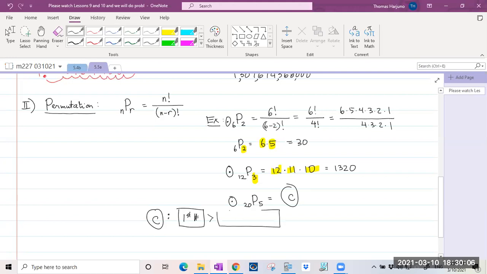You get the nPr by going to Math, in the same category as that exclamation mark: Math, PRB, nPr. Then you key in the second number, and then you hit enter.